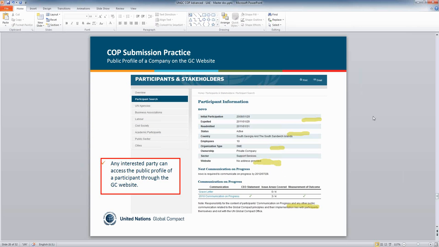This is the profile of the company, again in a different view, and the main message here is that any party can access the public profile of companies on our website. Not only that, so companies or stakeholders or anybody who's interested can go to our website and find your profile, but the other important thing about our COP is that we push this information to investors through platforms such as Bloomberg.